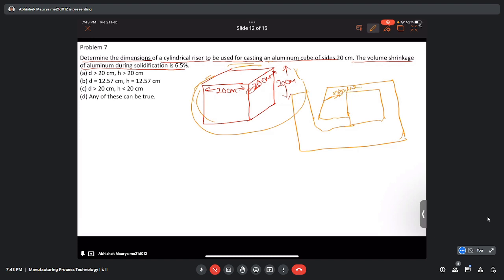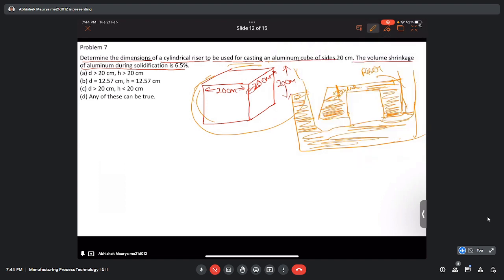And here we will make a riser, something like that. So this is a cylindrical riser. So these are the mold region, and this is the riser.